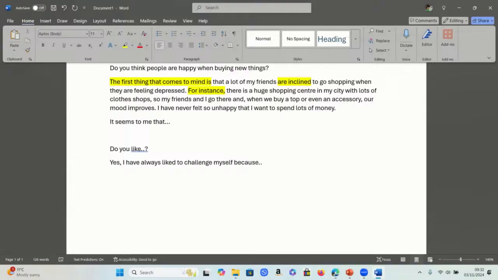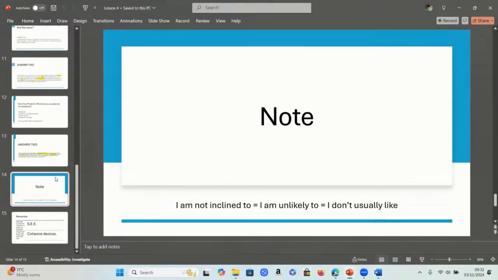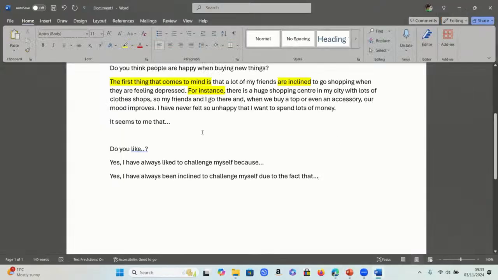Like I said at the beginning, you're looking for these opportunities. Now, you could say other things. You could say it better: "I have always been inclined to challenge myself due to the fact that..." It's the same thing, but the words are better. What was that other expression I said earlier? "I'm unlikely to"... Oh, right, "I am not inclined," "I'm unlikely to do so."